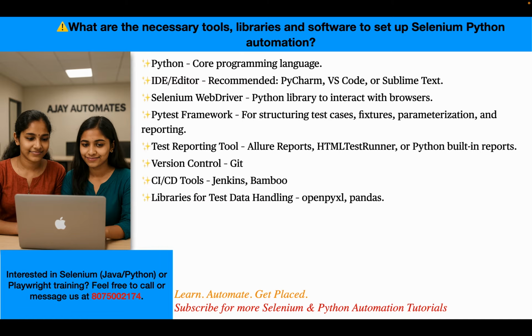For reporting, we use Allure or HTML test runner, or you can use Python's built-in reporting. We need Git for version control, and Jenkins or Bamboo for CI/CD automation. For test data handling, you can use Pandas or OpenPyXL libraries. These are some of the software and libraries we need to perform Python automation using the PyTest framework.